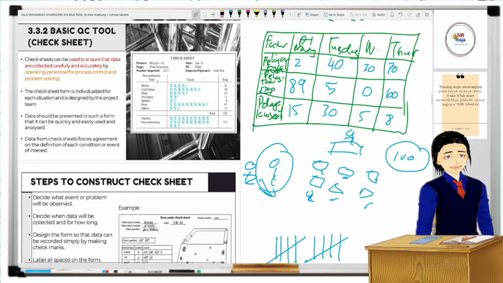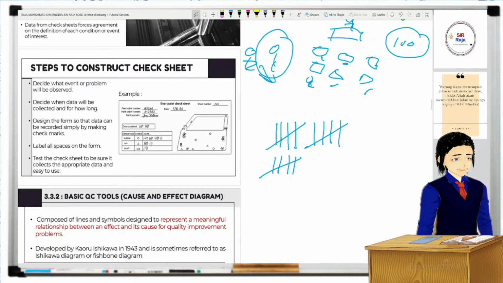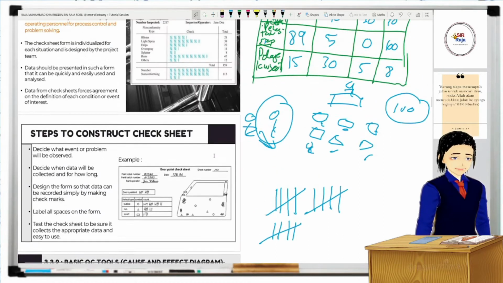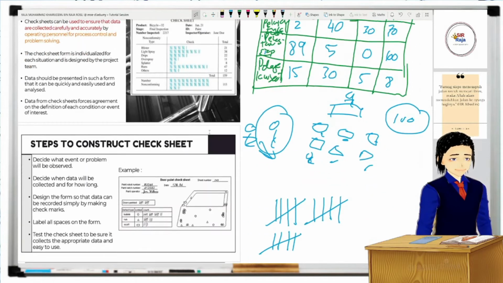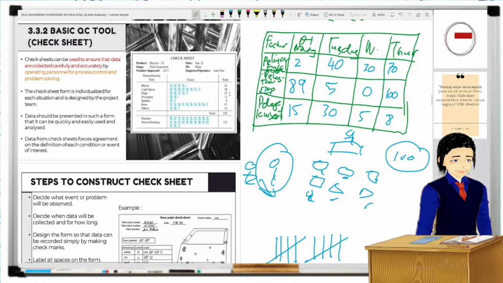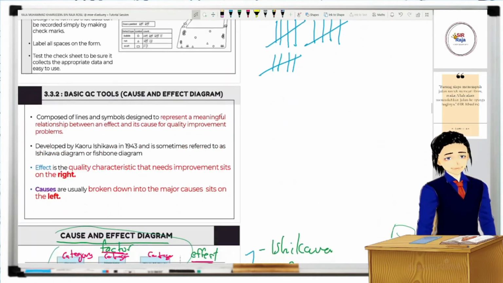What you can see, you tick it like this: 1, 2, 3, 4, and at the fifth one we make a slash like this, which means 5, and we continue if we have more than that. We are not using numbering during the observation, but after that we make a total, and for the total we use numbers. So that is your check sheet.